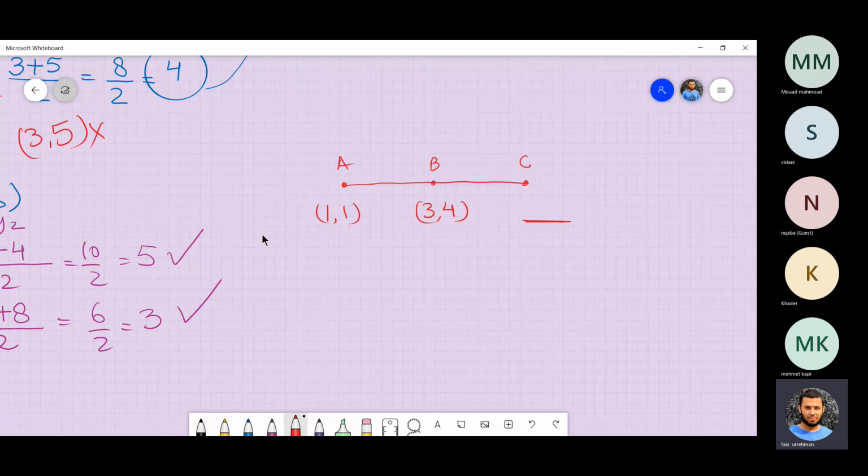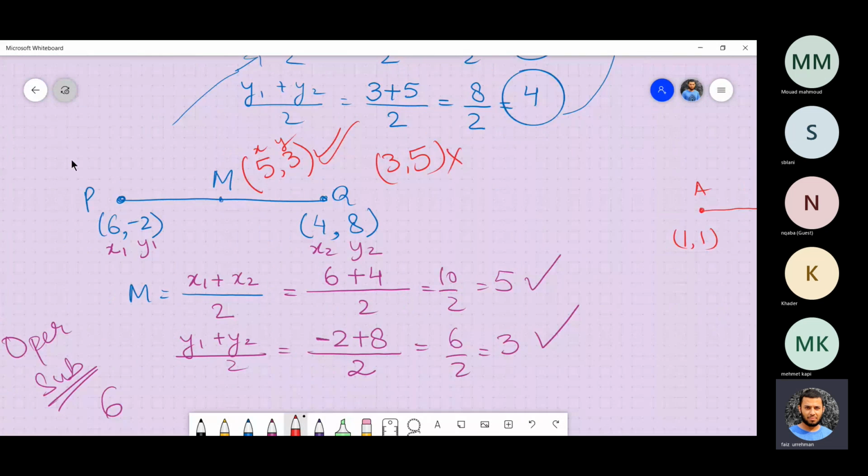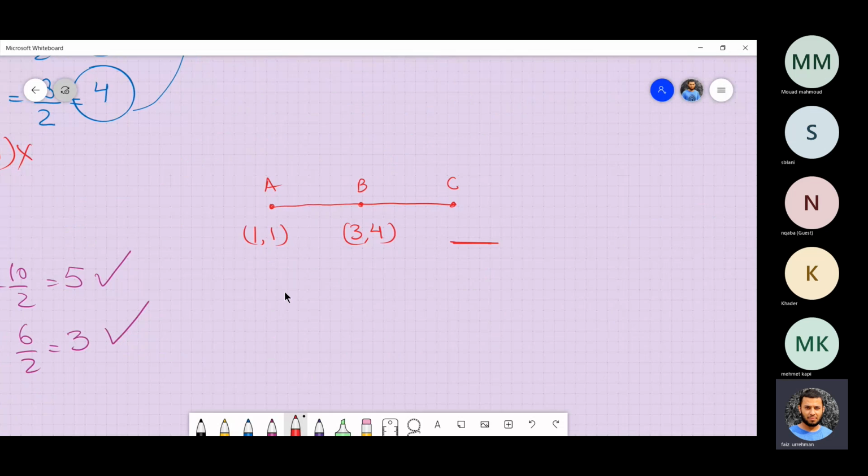In previous questions, I gave you the first point and the last point, and you had to find the middle one. Now in this question, I am giving you the middle one already, and one corner, but I'm not giving you the last corner. How will we find it? The same concept.